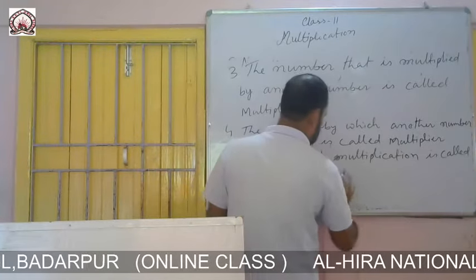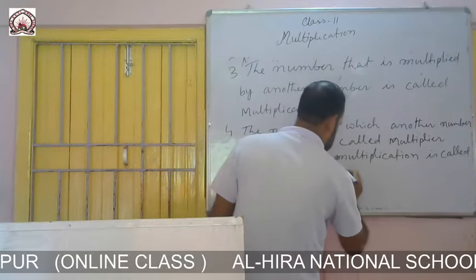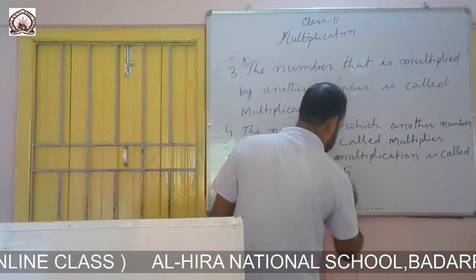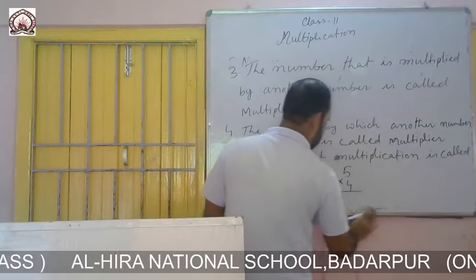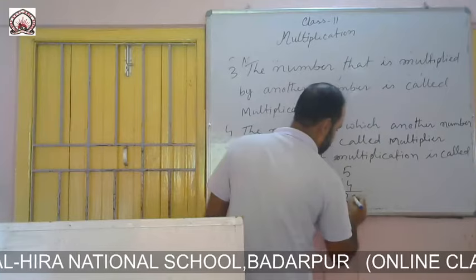For example, suppose 5 into 4. 5 4s are 20.